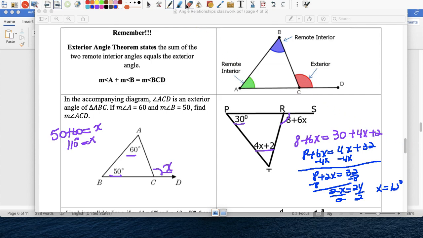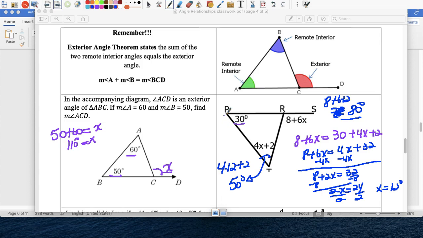So I'm going to go back here and plug it in. 4 times 12 plus 2: 4 times 12 is 48, which makes this angle 50 degrees. On the outside, it's 8 plus 6 times 12. 6 times 12 is 72, and 72 plus 8 is not 78, it's 80.